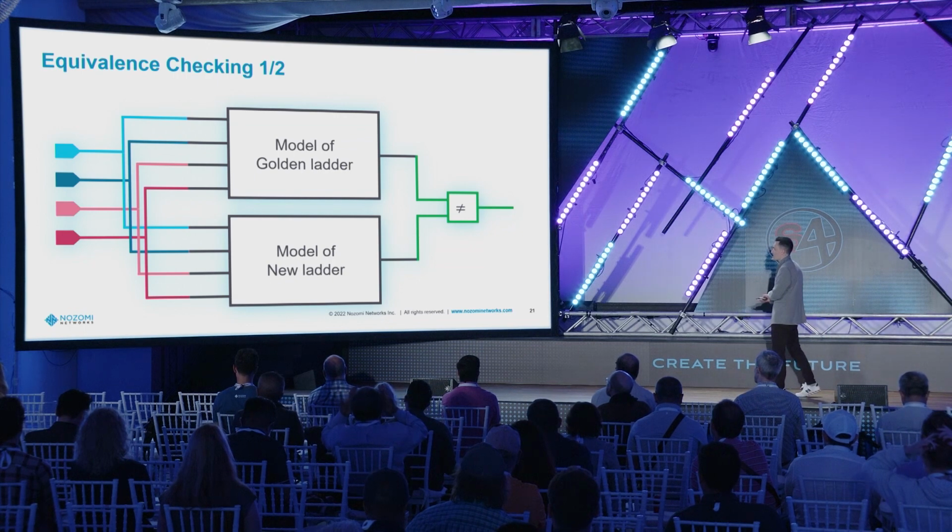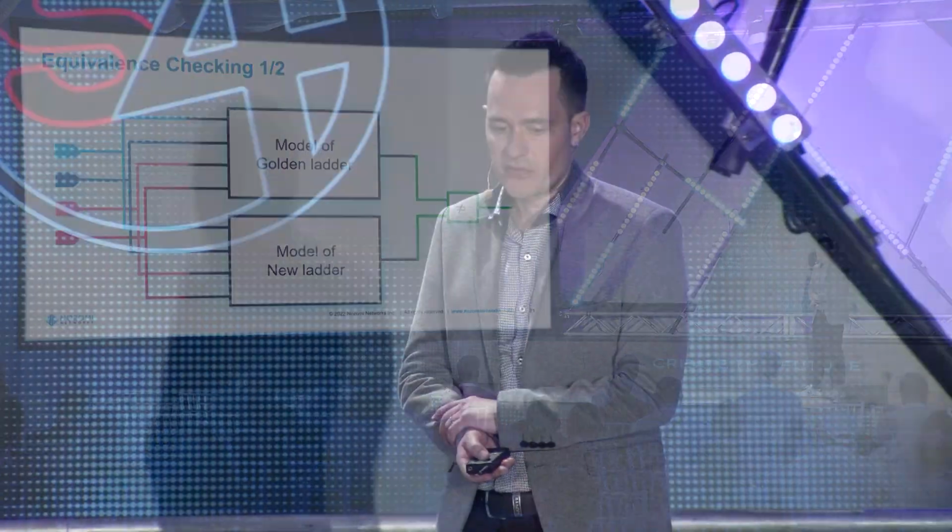And we ask the tool whether these are different or not. So if the two models are the same, then given the same input, you will get the same output. But if the tool is able to find a value for the inputs that will get the output to not agree anymore, then it means that there is a difference in behavior between the previous and the new version of the program.